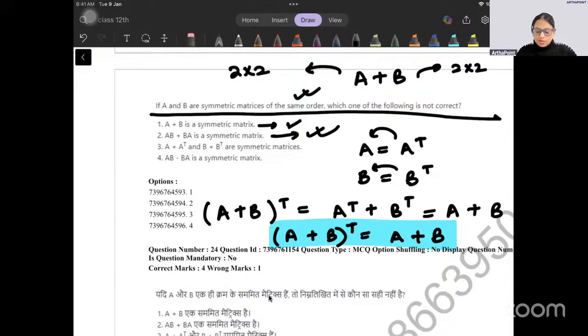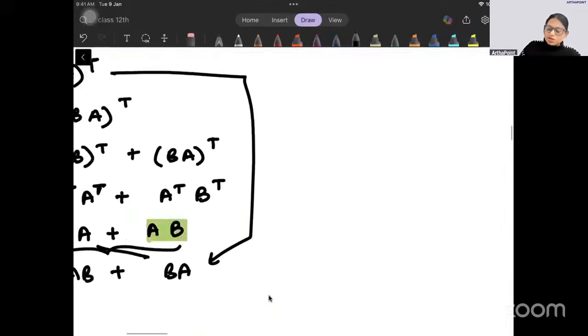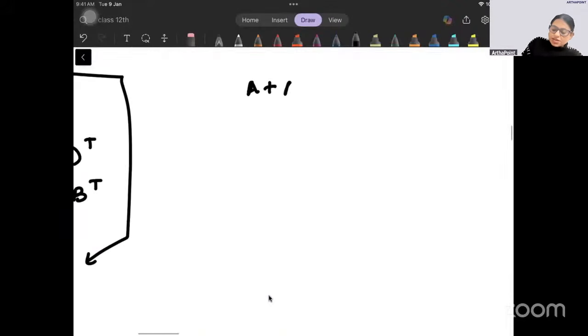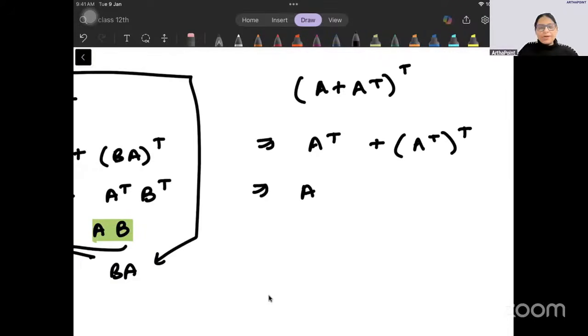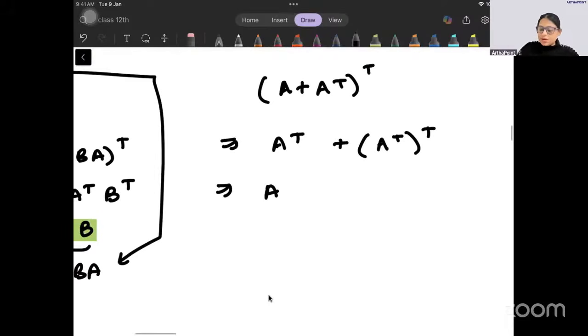Now try the third one. A plus A transpose and B plus B transpose are symmetric matrices. So if I have to take the transpose of A plus A transpose, this will be A transpose plus the transpose of A transpose. A transpose is simply A because A is symmetric.